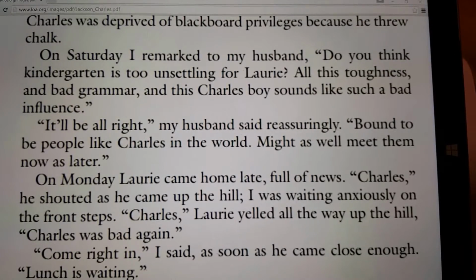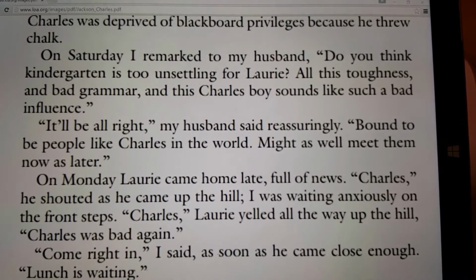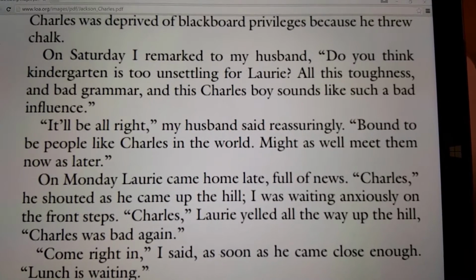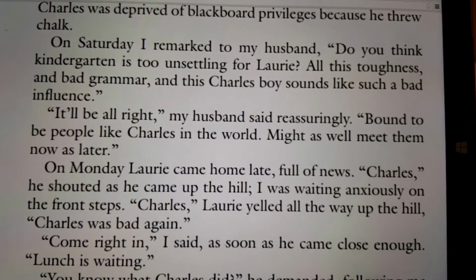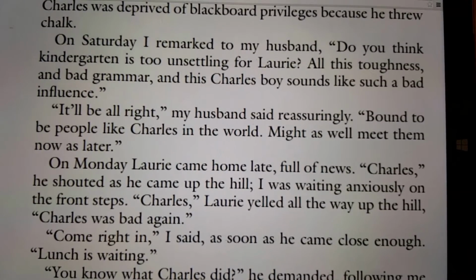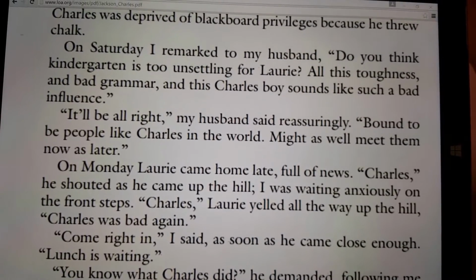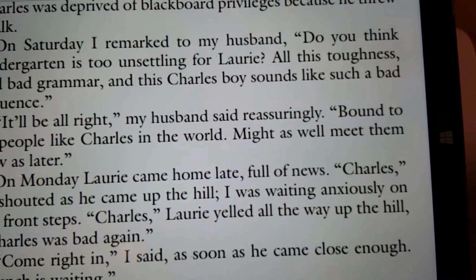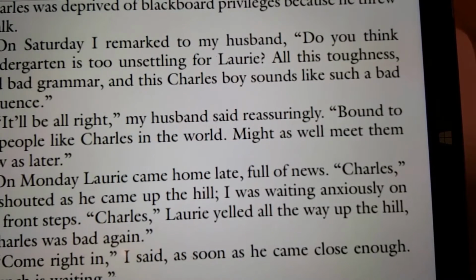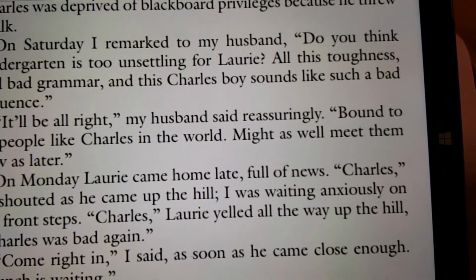So it has to be a negative or a bad meaning. So do you think that kindergarten is too hard for Charles, maybe? Or maybe he's not in it at the right time?